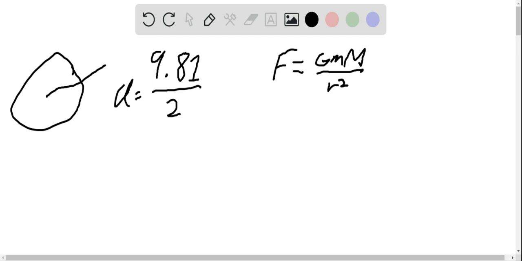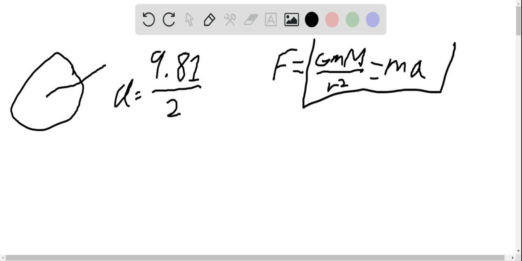But since this force is the only thing that's acting on this object, we can denote it as the net force. And the net force is equal to, by Newton's second law, mass times acceleration. Great. Now with this formula, we can simply cancel out the mass of the object from both sides.